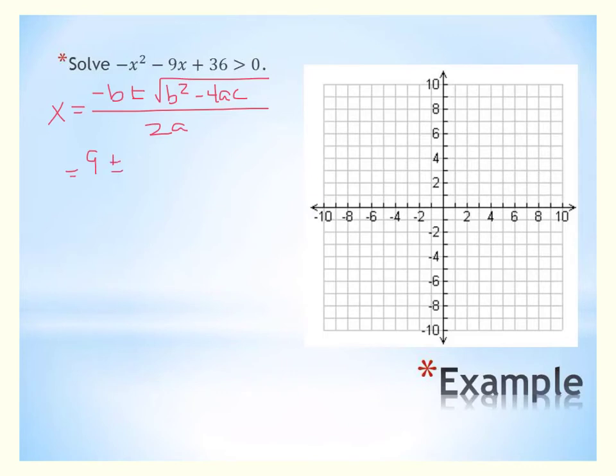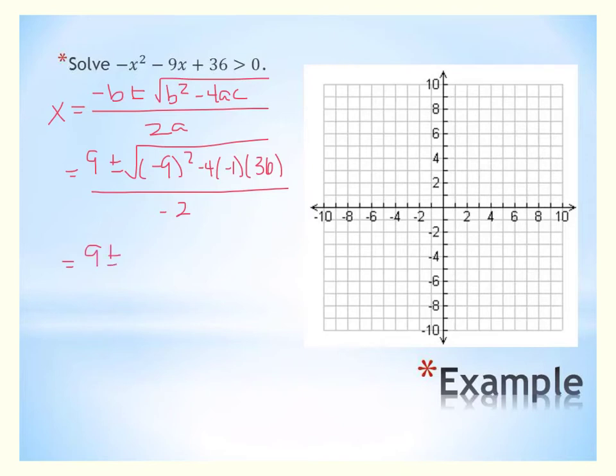So there's a positive 9, because I put in negative 9. Square root of negative 9 squared minus 4 times negative 1 times 36 all over negative 2. So this is going to be 81 plus 144 all over negative 2. All right.